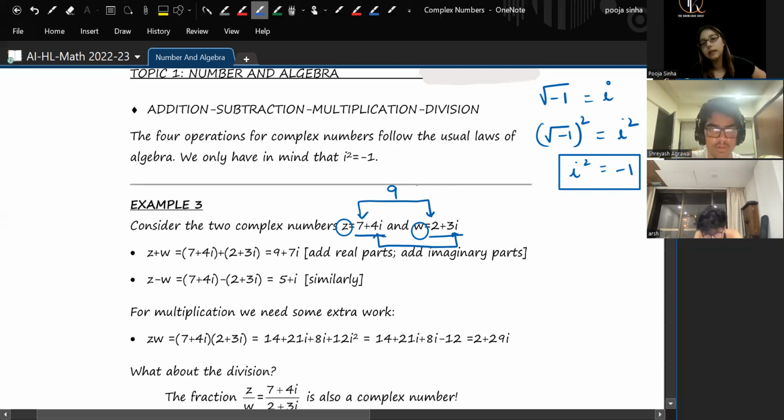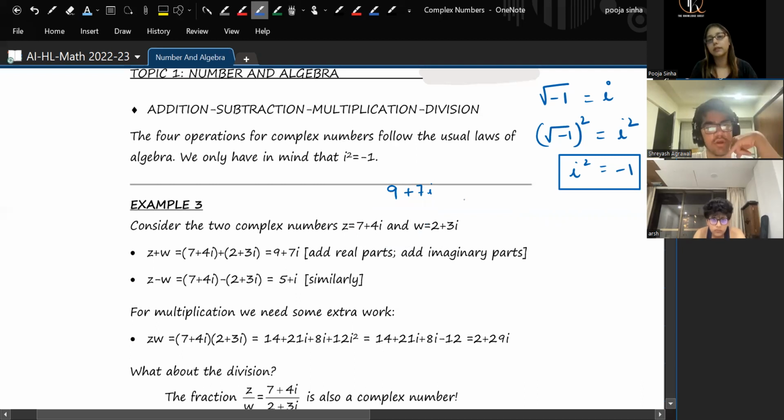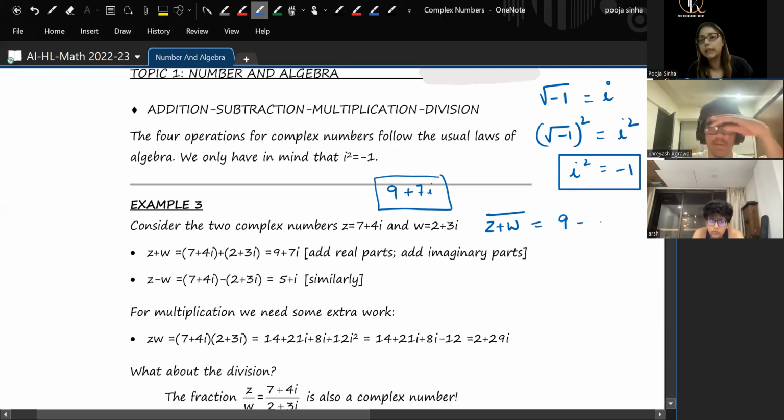What's the answer? 7i. That's it, my answer is done. Now tell me the conjugate of this answer. 9 minus 7i. So if I ask you z plus w conjugate, is it so complex? No, it's just 9 minus 7i.